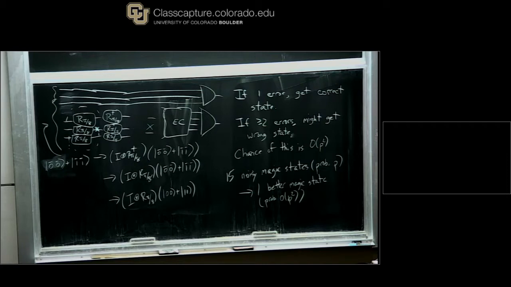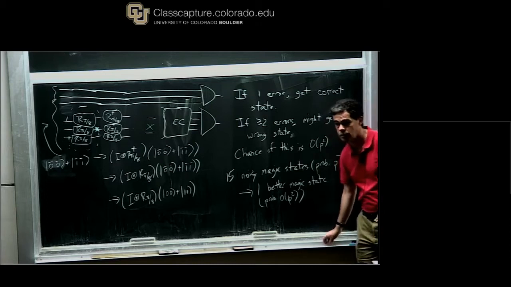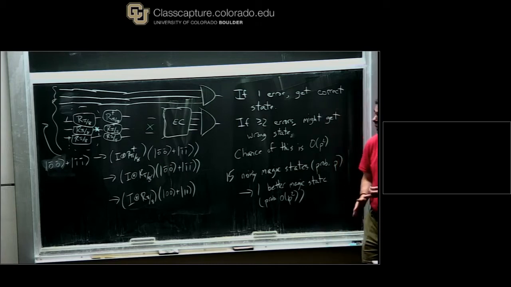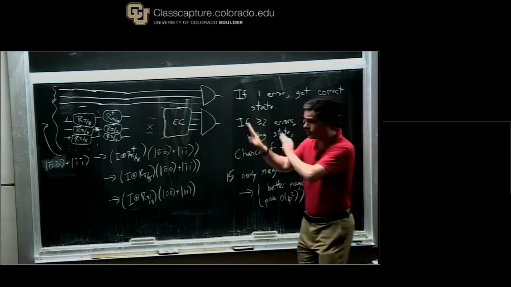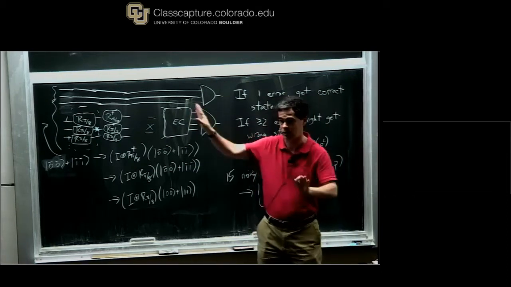Yeah? So this particular code doesn't have all the Clifford gates as transversal. That's correct, yeah. So if you want to use this magic state for a code which has transversal Clifford gates, can you... Yeah, so again, forget for the moment about the fault-tolerant protocol as a whole.